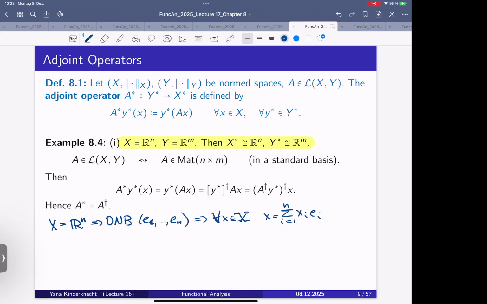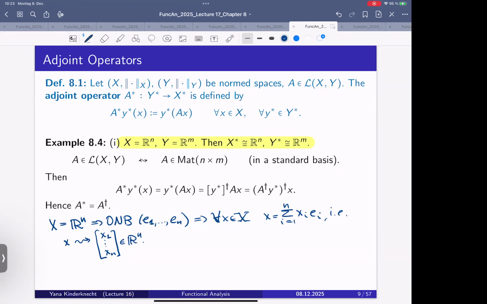So it has its coordinates in this basis, and they are unique. So for each element of our space, we have this decomposition in a given basis, and hence we have the vector in R^n, the vector of coordinates.